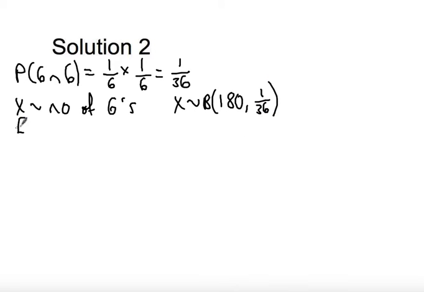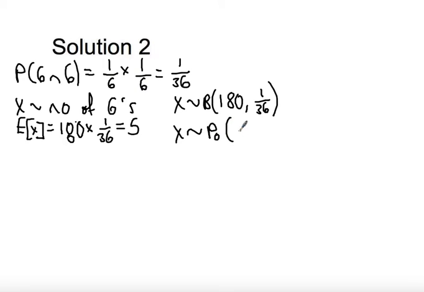Now the expectation of X here, and I don't always write out the expectation of X, but I'm going to just to emphasize things here, is 180, so n, times the probability of success, which is 1 over 36. And if you work through that, you get an expectation of 5. So what we can actually say is that X is approximately distributed Poisson with mean 5.